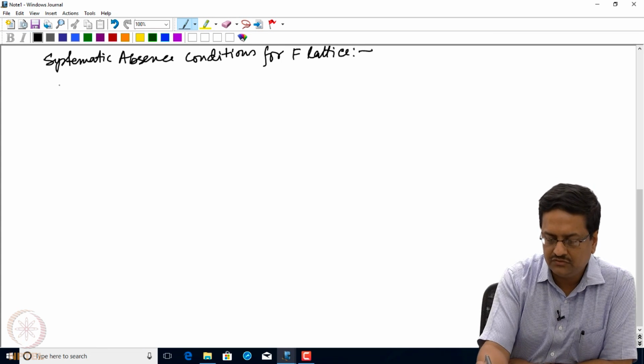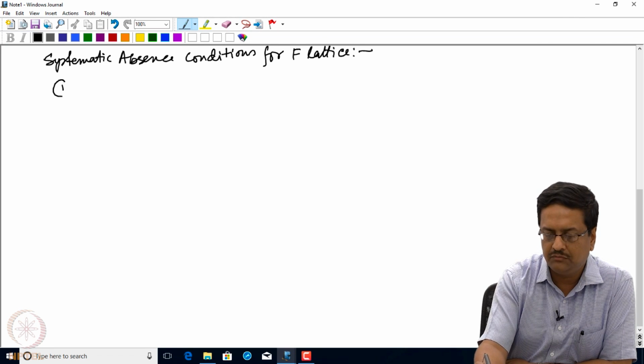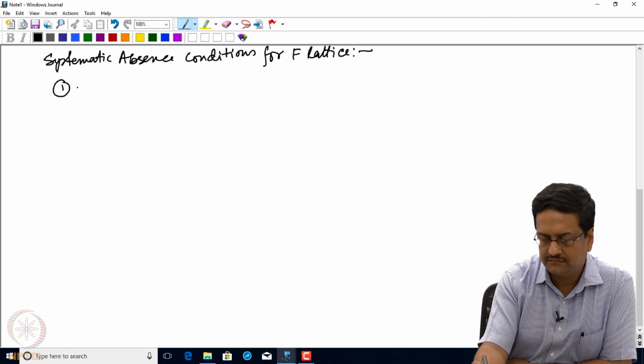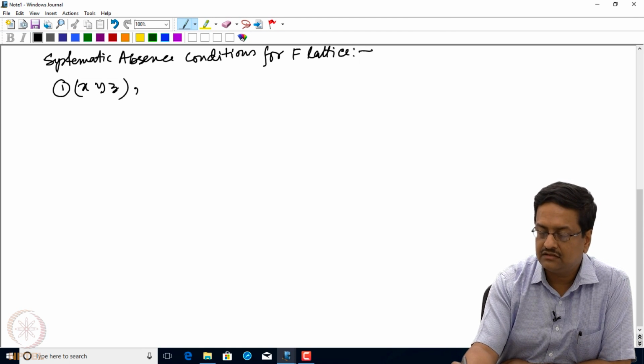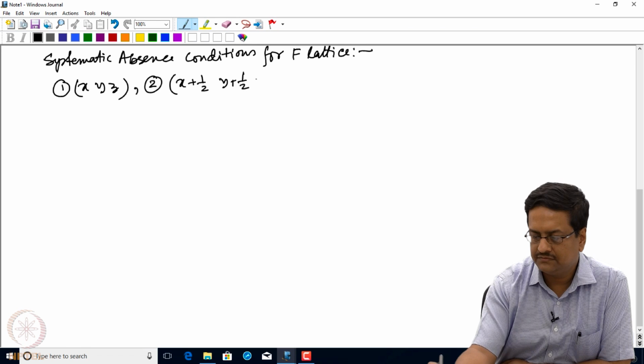Once again, we need to first write down the equivalent points corresponding to F lattice. This is the corner points, and then the other face center atom positions are x plus half, y plus half, z.